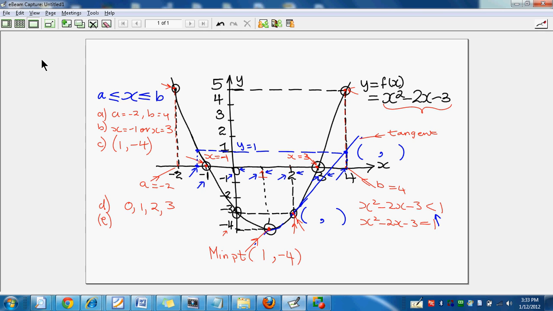Now to find the gradient of a tangent is just like finding the gradient of any line. You would use the equation y2 minus y1 over x2 minus x1 to find the gradient of that tangent. So m, which is the gradient, is y2 minus y1 over x2 minus x1.